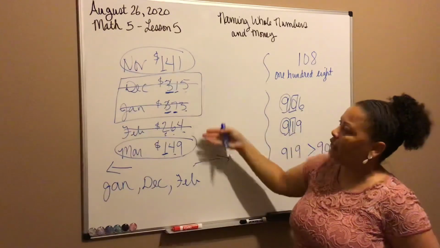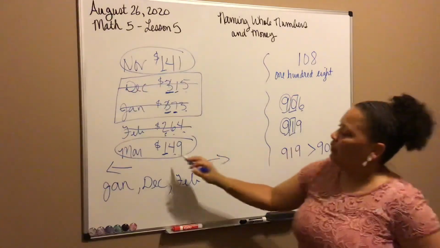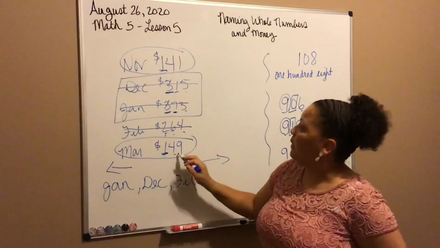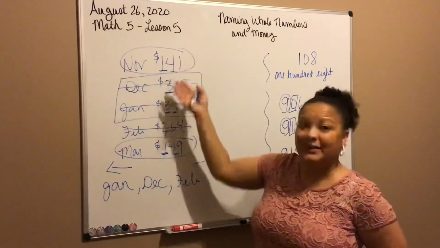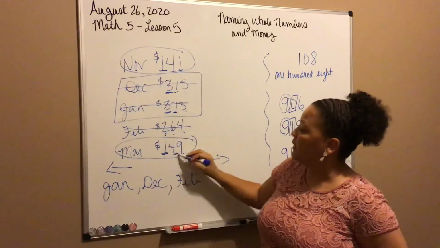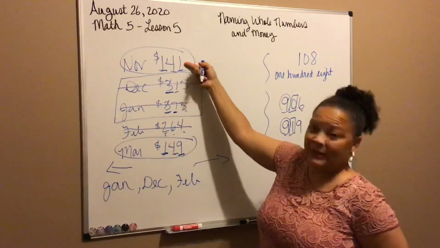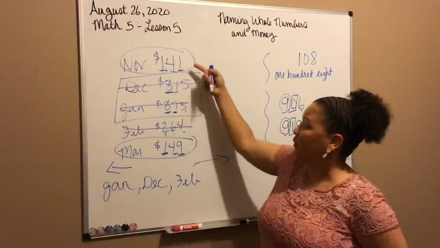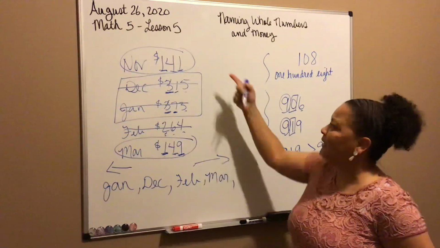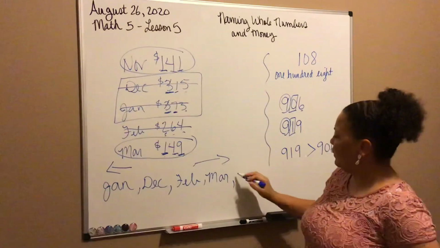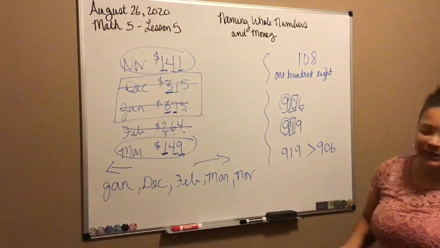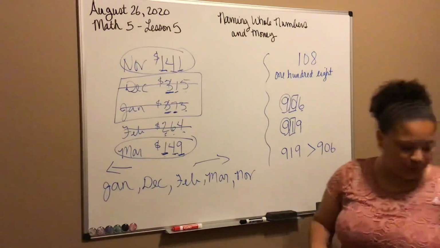Now we're in the 100s. And both of these have the same hundreds place value. Both of these have the same tens place value. So now we're looking at the ones place. This one has a 9, this one has a 1. Since 9 is greater than 1, March will come first, and then the least expensive was November. So you should have January, December, February, March, November.